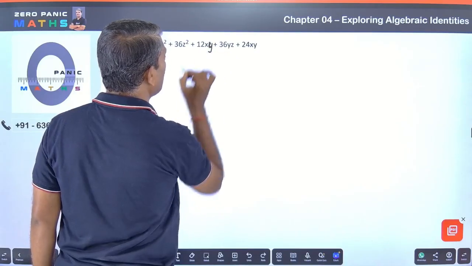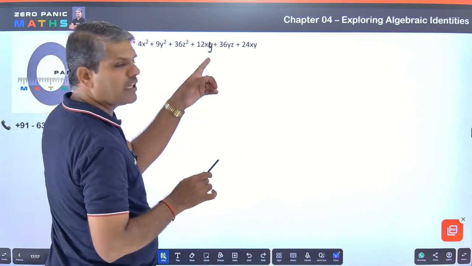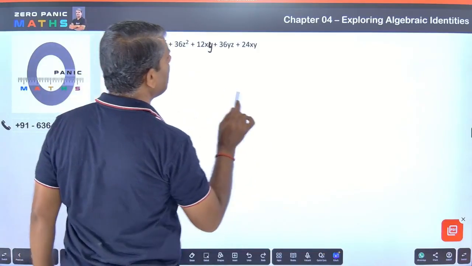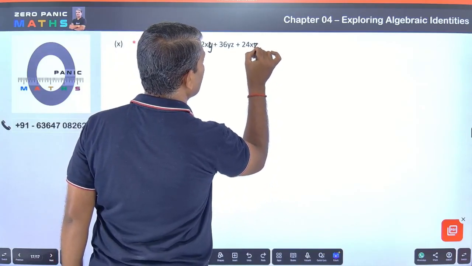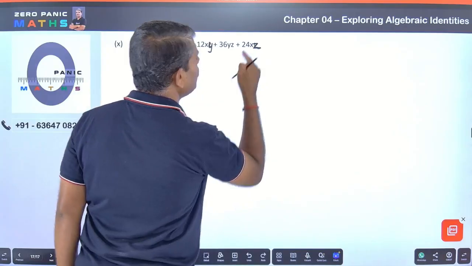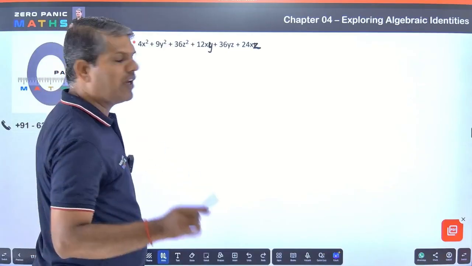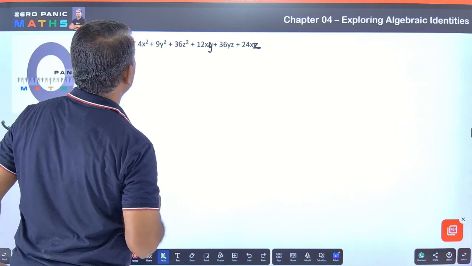Unless and until you do that change, you will not be getting any perfect squares or perfect identity. It matches. And this y should be z. So this change you have to do in your book also. I think this is the mistake that is given. That's the reason I just marked it with a red star.